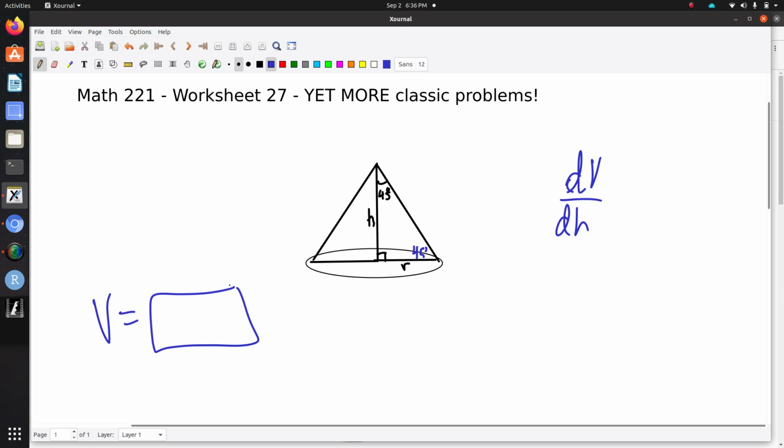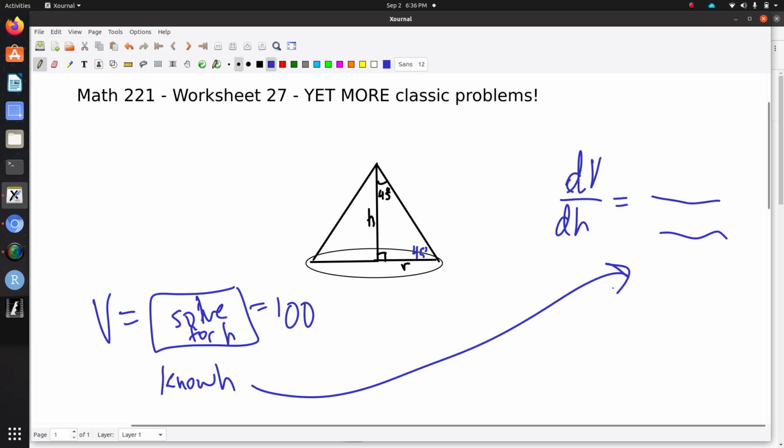But it says the pile is currently 100 cubic meters, so you solve for h, or r if you've made it in terms of r. So you solve for h. Now you know h, and now you go back and you do all this stuff and you plug in your h over there. Okay, so that's the overall structure of how you do it.